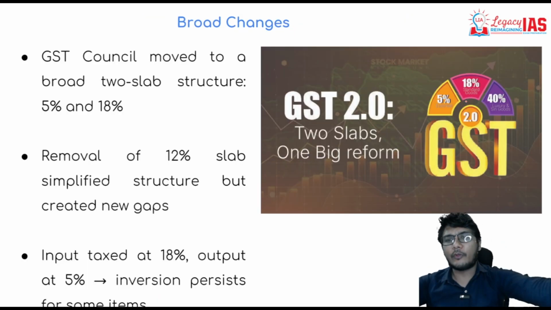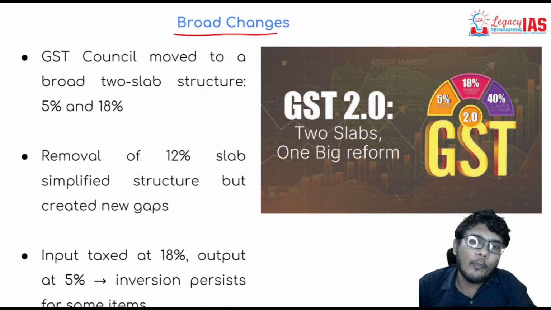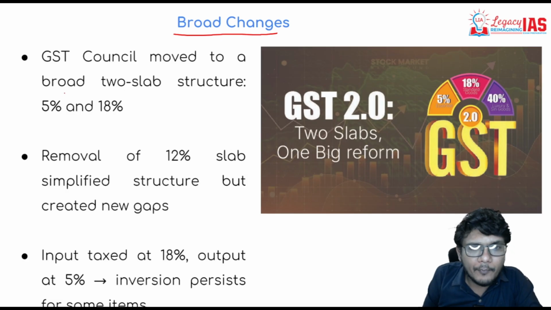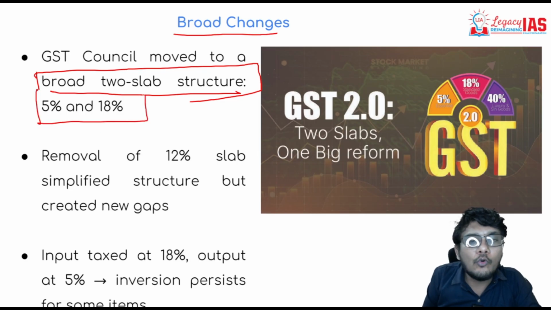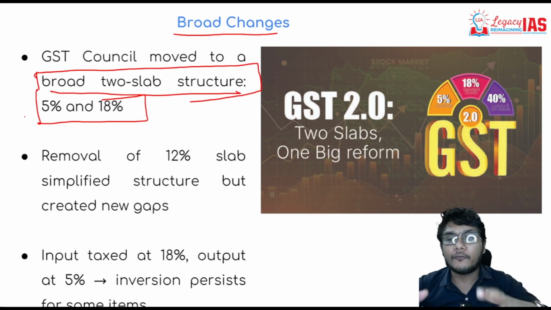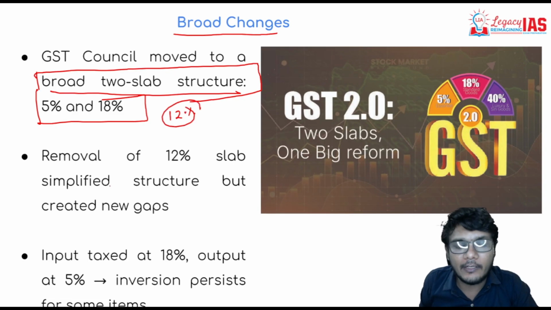So let's get started with the broad changes that have happened in GST 2.0. The GST Council has moved to a broad two slab structure. Of course, there are other slabs as well, but these two broad slabs cover the majority of goods and services, that is 5% and 18%. The 12% slab has been done away with.